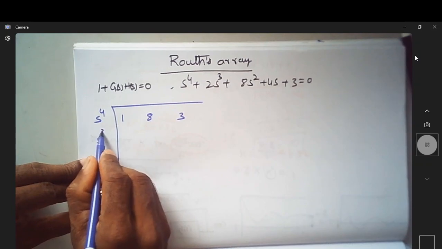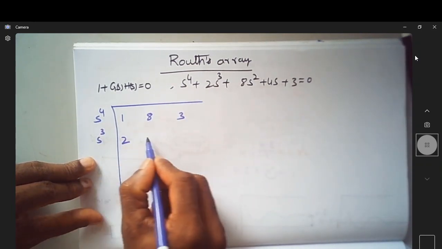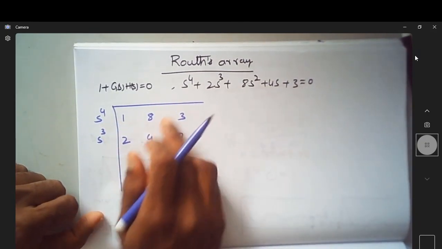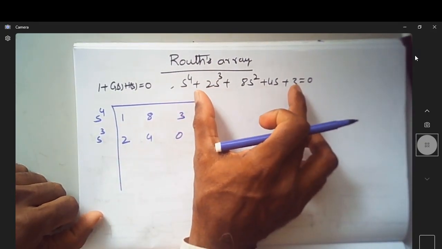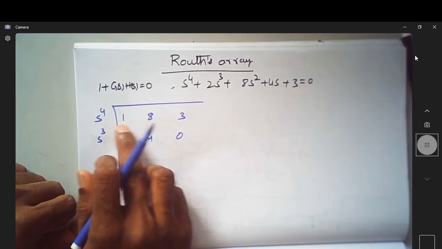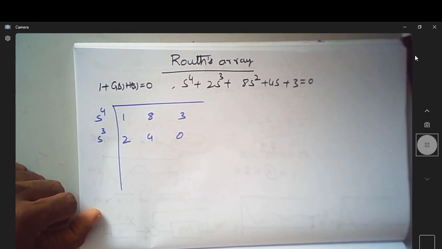Next it is S cube, it is 2, 4, 0. So the first two rows of the Routh array are filled using the characteristic equation coefficients, writing its alternate coefficients.